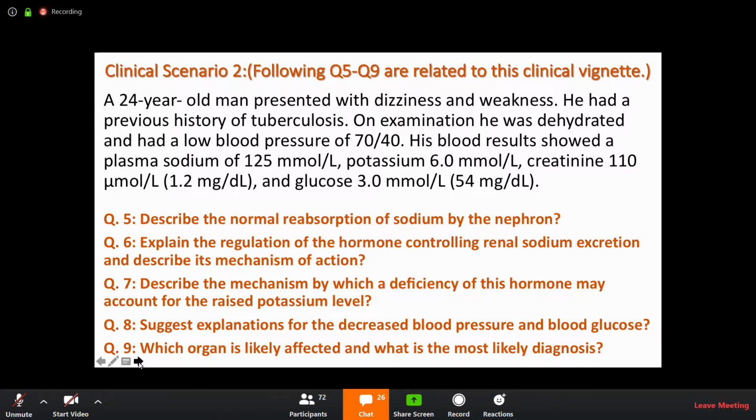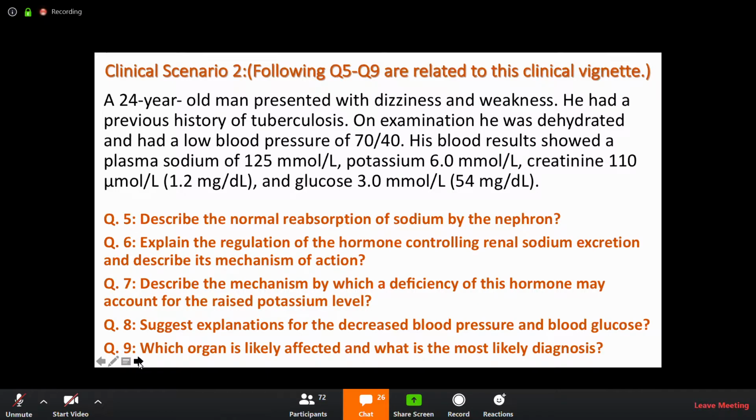What happens in the principal cells? The principal cells reabsorb sodium and water, and they secrete potassium. As aldosterone increases, sodium reabsorption increases and potassium secretion increases. In the collecting duct, sodium reabsorption also takes place along with chloride, which is co-transport.